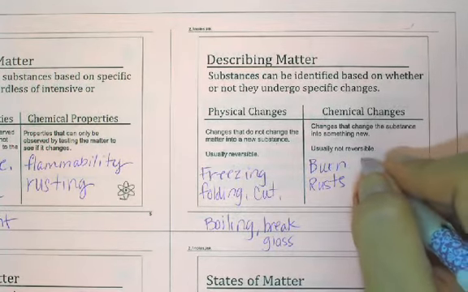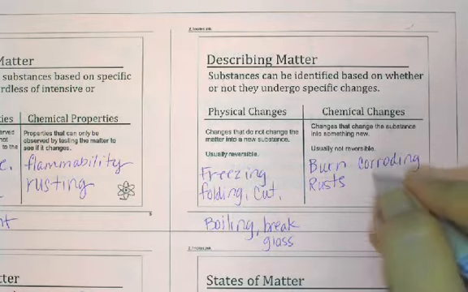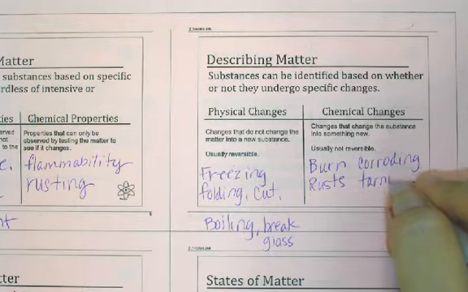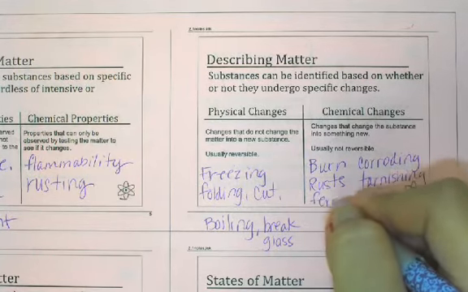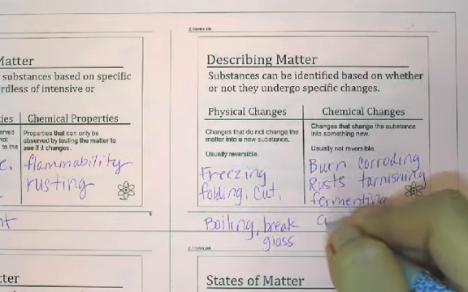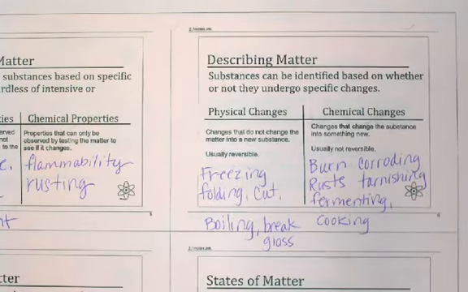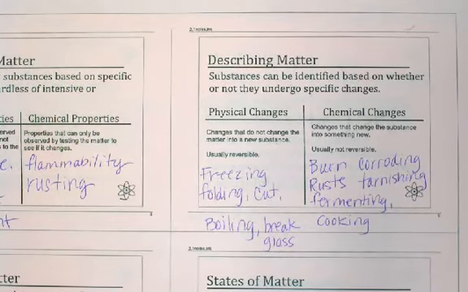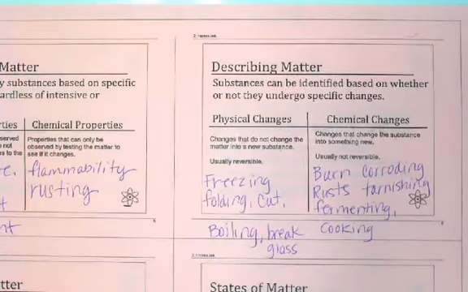Other words to look for would be corroding, is something that we can't undo. Tarnishing, fermenting, cooking. All of these things are things we can't undo, and they changed them into something new, so those would be considered chemical changes.